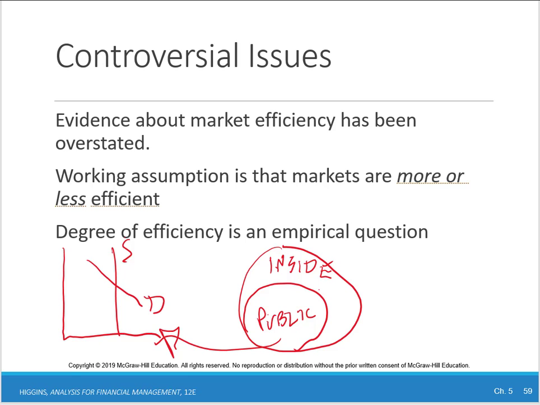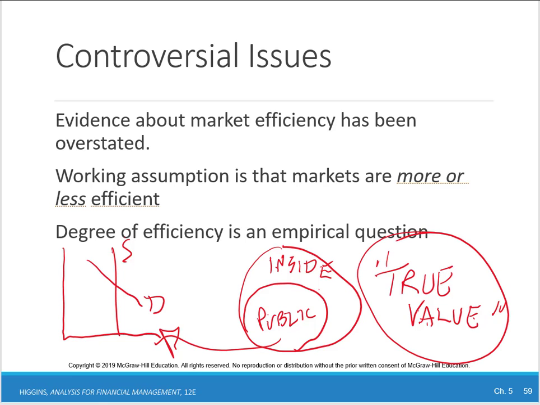Private information, since not everybody knows it, is not used to affect the demand curve. It creates what we might refer to as the true value. This is the number that management knows. This is the number that we know.